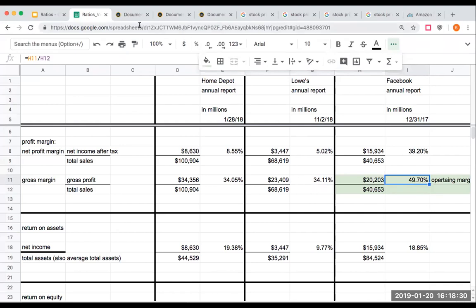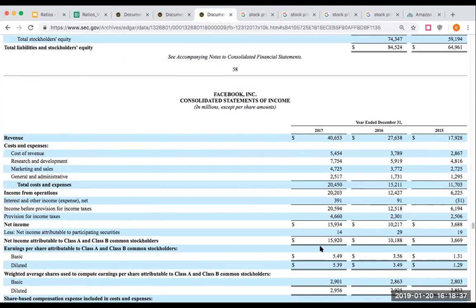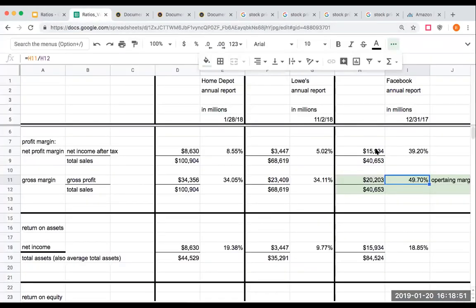At the same time, Facebook does really, really well in terms of its net profit margin. Its net income was roughly $15.9 billion, I think I used 15.93. I did it before the participation.